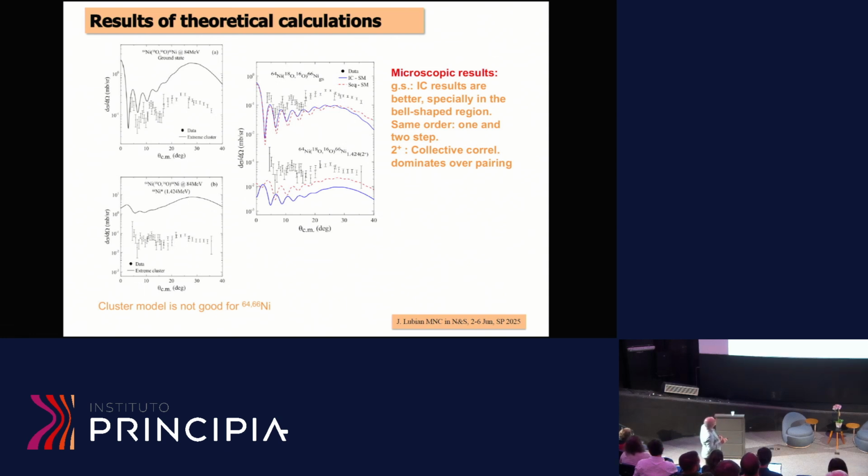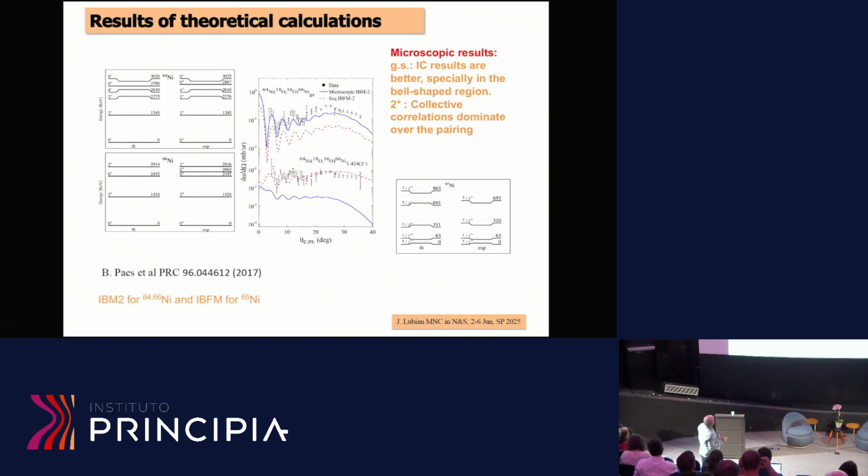As we observed that we have no very good description of the experimental data, we asked our colleagues from Padova, about pizza, well, the people that do the interacting boson model and interacting boson fermion model, to calculate the spectroscopic amplitudes to try to get better results.